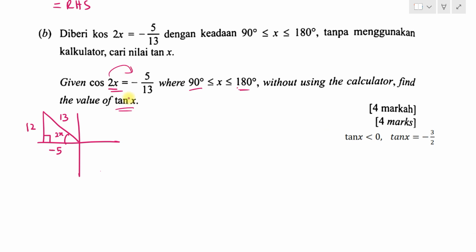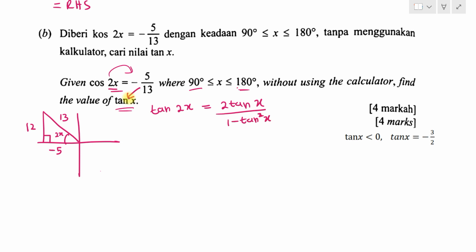Okay, after thinking a while, dia dah bagi cos 2x, right? Why not we change it to tangent? From here, we take the tangent 2x punya information. So, we all know that the double angle formula for tangent 2x is 2 tangent x over 1 minus tangent square x.